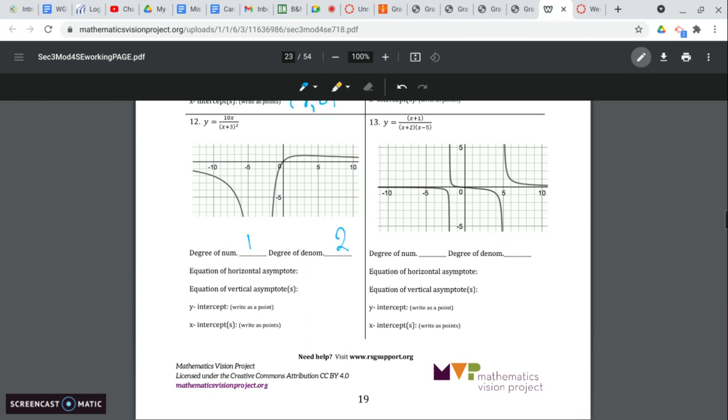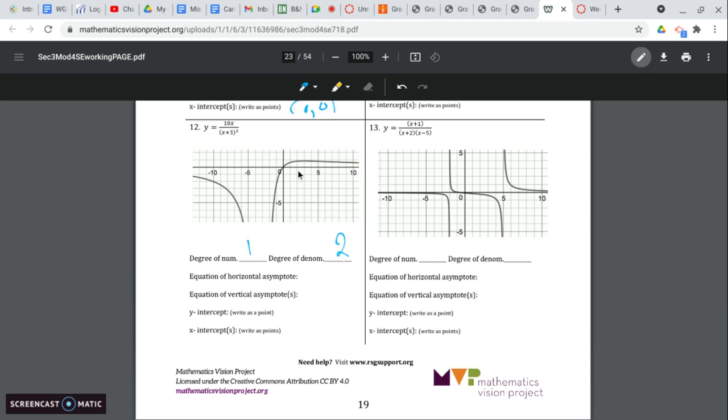The equation for the horizontal asymptote is y equals 0. The vertical asymptote is going to be x equals -3. The y-intercept is going to be the origin, as we can see up there, which means it's also our x-intercept.